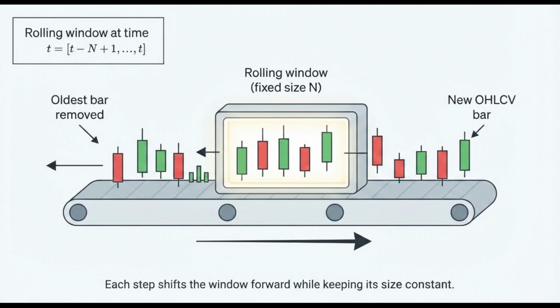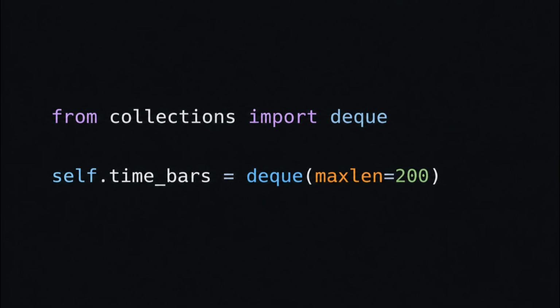So how do we build a rolling window in Python? Fortunately, Python already provides a data structure designed exactly for this purpose. It's called deque, short for a double-ended queue. A deque allows us to efficiently add new candles while automatically removing the oldest ones once we reach a predefined size. After importing deque from Python's collections module, a single line of code is all it takes to create a rolling window.